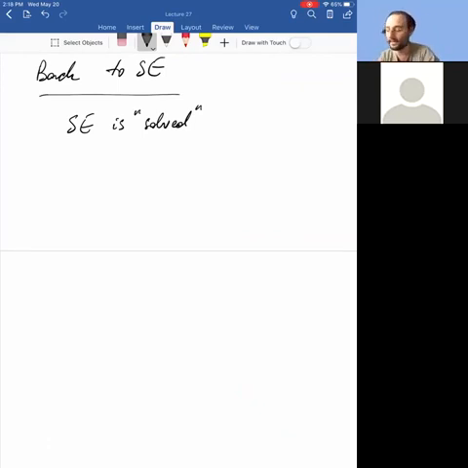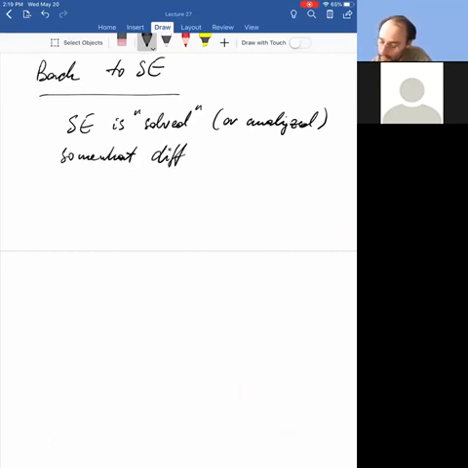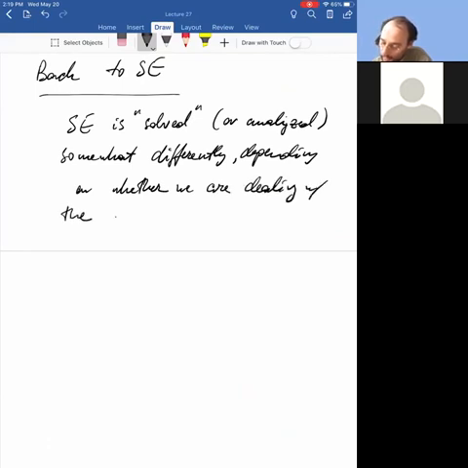It's analyzed somewhat differently depending on whether we are dealing with the bound state or scattering state.